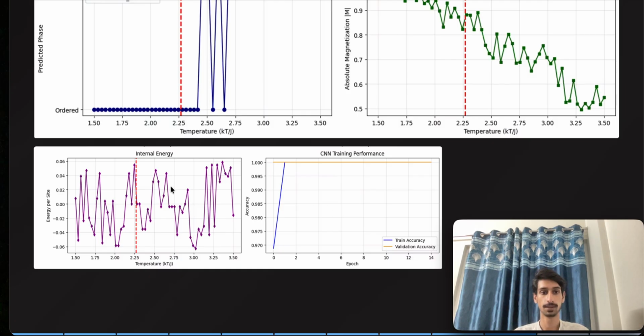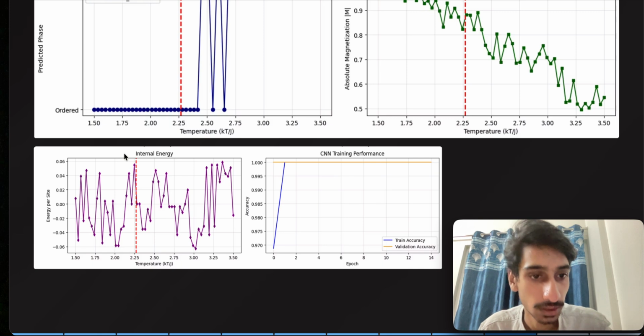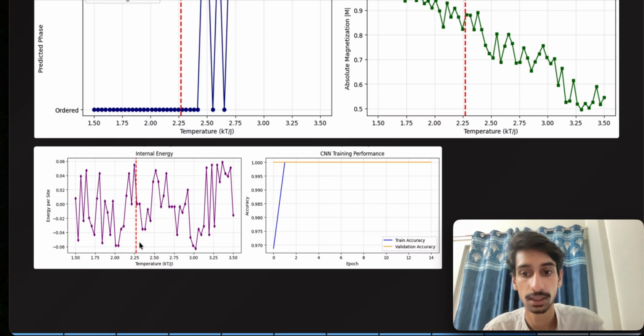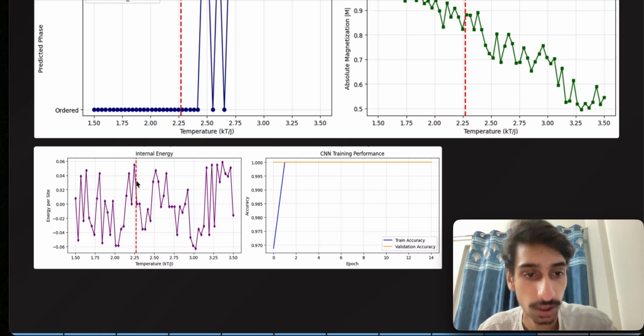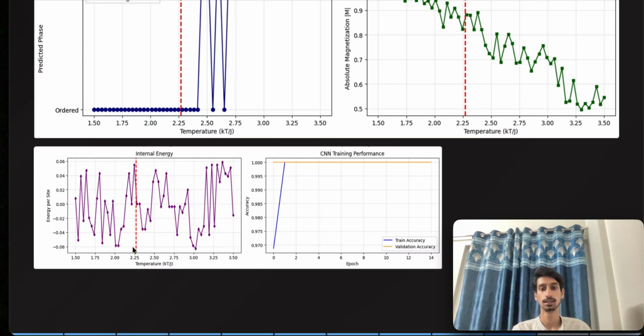So here this red line is the critical temperature, which is 2.269. Energy rises with the T. At low temperature spins are aligned with low energy, and at high temperature spins fight, which is high energy.